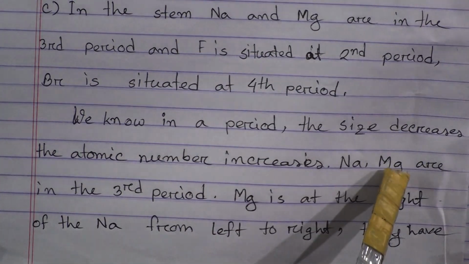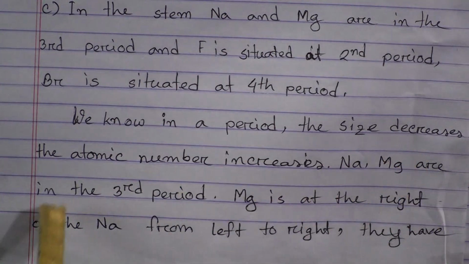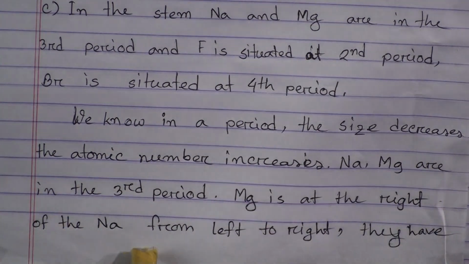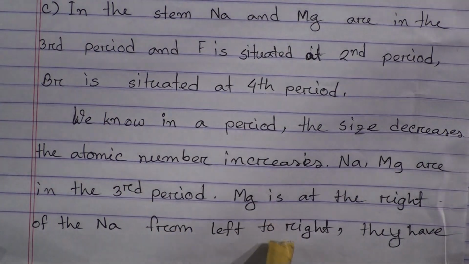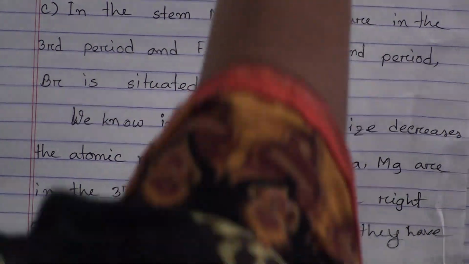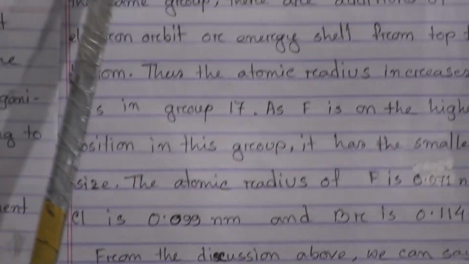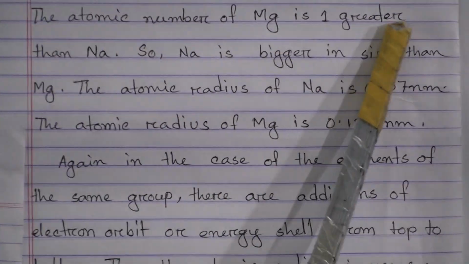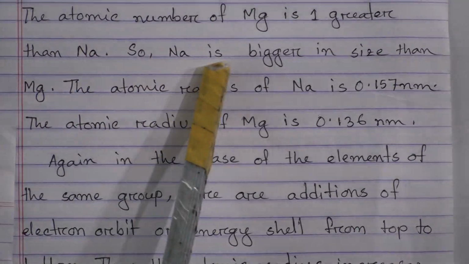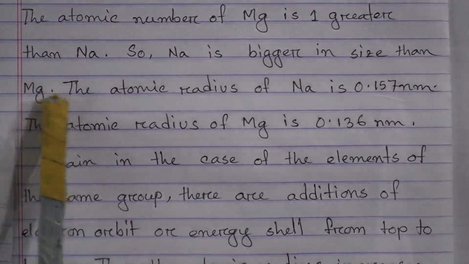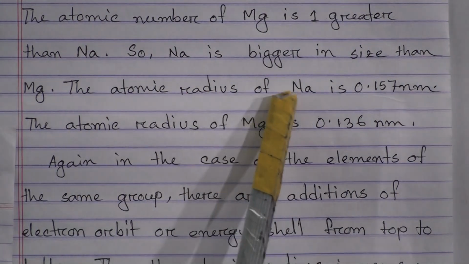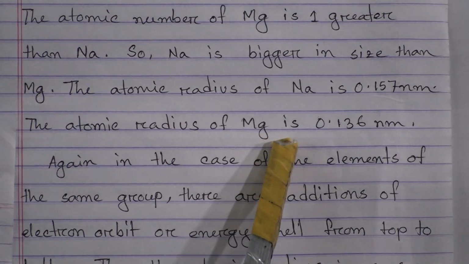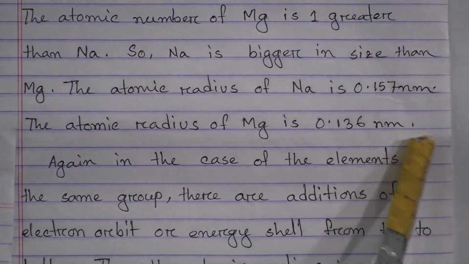Magnesium is to the right of sodium, and from left to right the atomic numbers are 11 and 12 respectively. The atomic number of magnesium is 1 greater than sodium, so sodium is bigger in size than magnesium. The atomic radius of sodium is 0.157 nanometer and the atomic radius of magnesium is 0.136 nanometer.